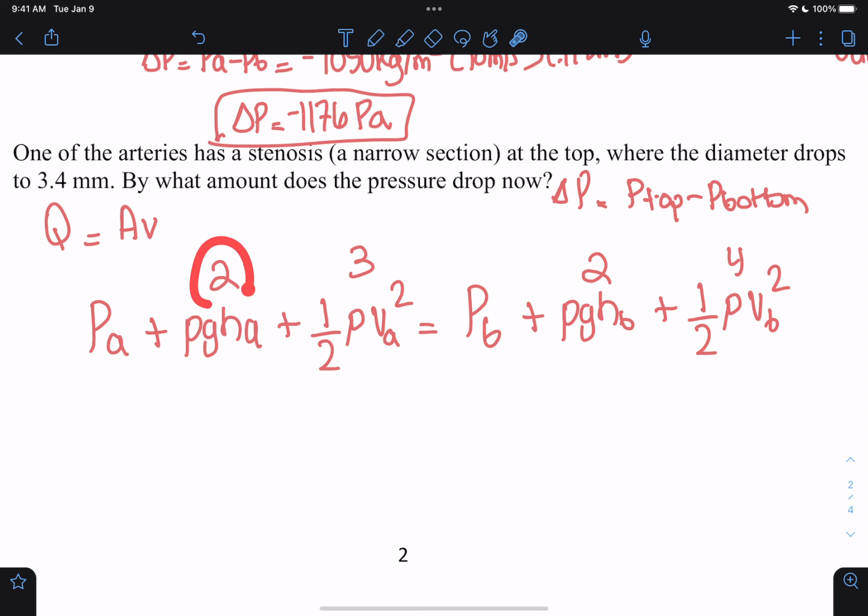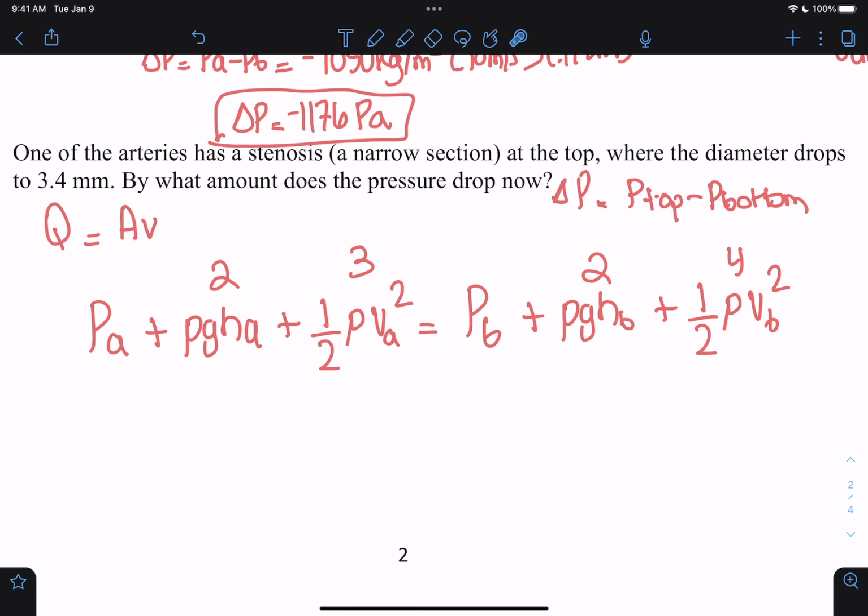If this is 2 and this is 2 based on the fact that they're the same height, then this is 3 and this is 4, because as you squeeze, you have to have increased speed. Well, if I want to maintain the same value on either side, what do you notice? 2 and 3 is 5, right? 2 and 4 here is 6.